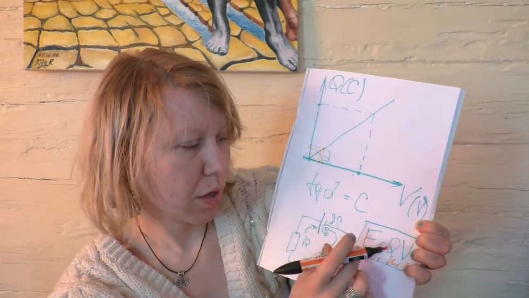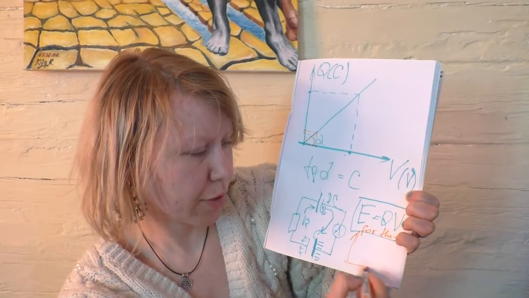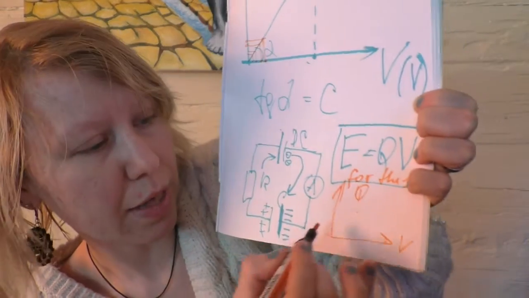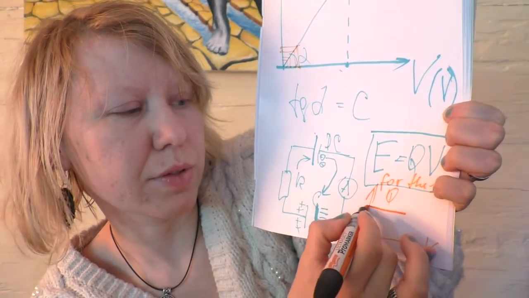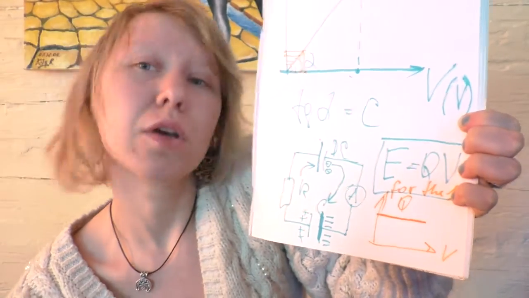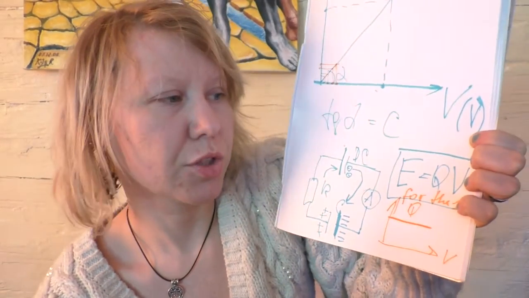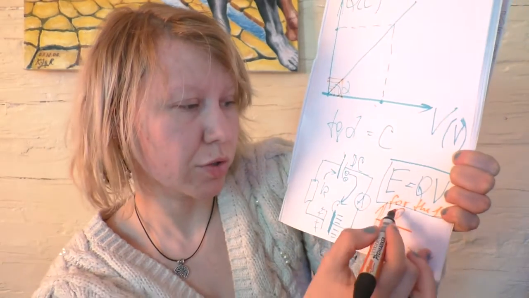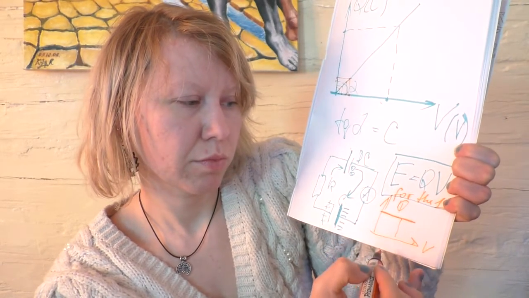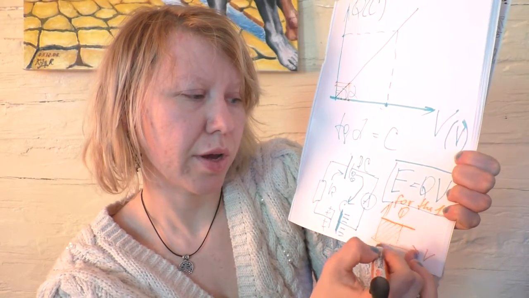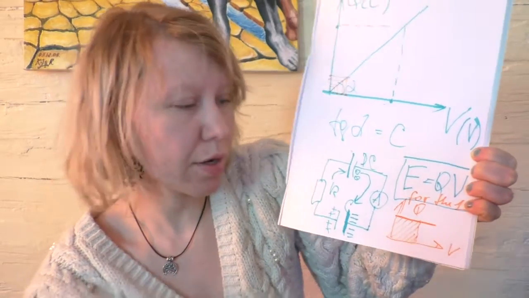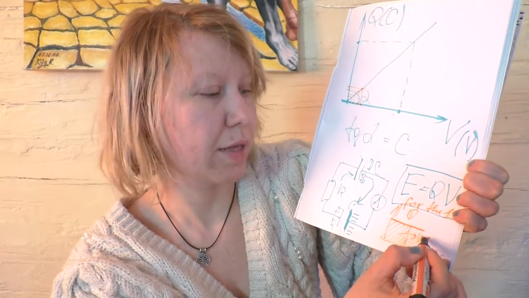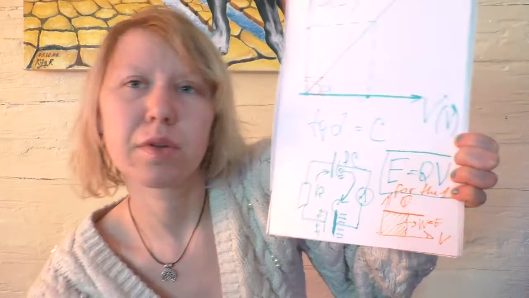This equation works in the situation when, here is Q, here is V, and we have a constant Q. So just for the electrostatic field we have the constant Q, and if we count this area, this will be exactly the work or the energy in our case.